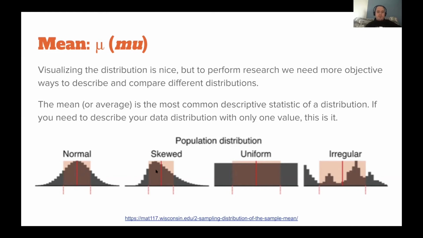Now, when you have a skewed distribution, for example, like this one, what does it mean that it's skewed? Skewed means that it's not symmetric. It is different to the left-hand side than it is to the right-hand side. One of the sides is steeper, goes up very quickly. The other side goes down very slowly. There are many distributions like this, both to the right and to the left.